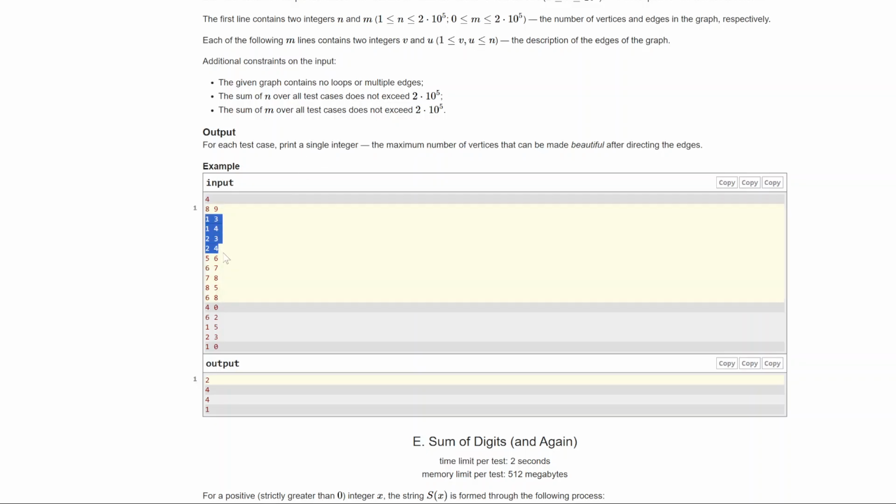This component is different and this component is different. So here we can make it alternating for every node.